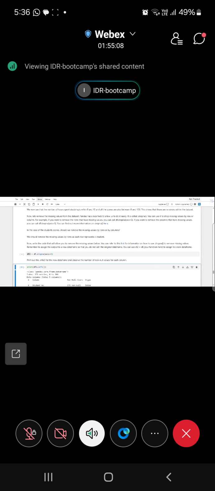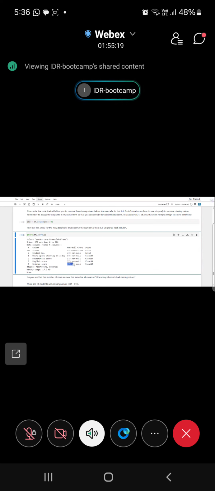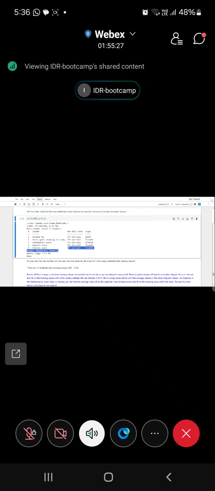By using df.dropna with axis equals 0, all those rows that had no values in that particular column have been dropped, and now the entire data has become uniform. So how many rows have been dropped? 14 students' data has been dropped.